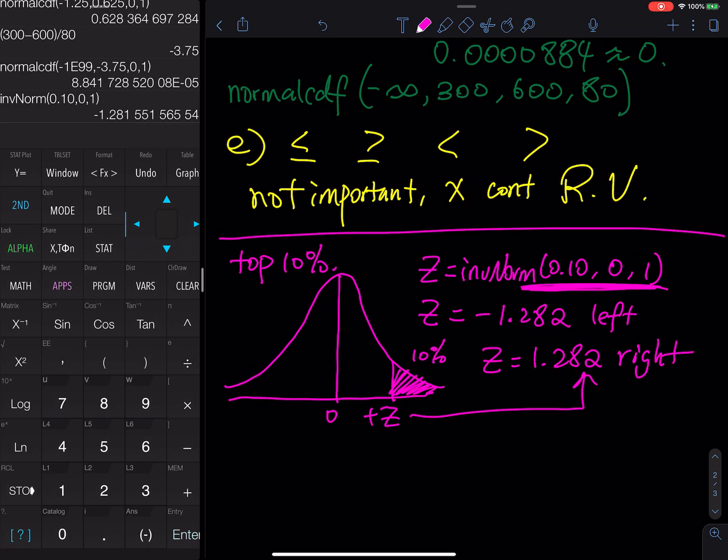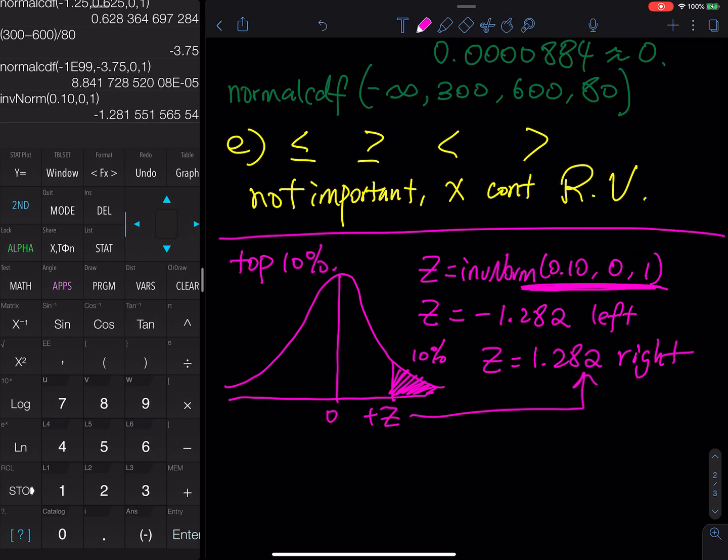Nope. This 1.282 is only a standardized score. 1.282 means to be the top 10%, you must be 1.282 standard deviations above the mean. It doesn't mean you only need 1 point on the test to be the top 10%. How do I get the actual score, the raw score, the score that you receive?